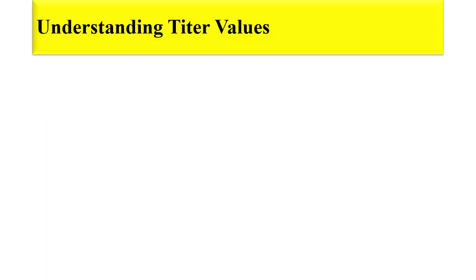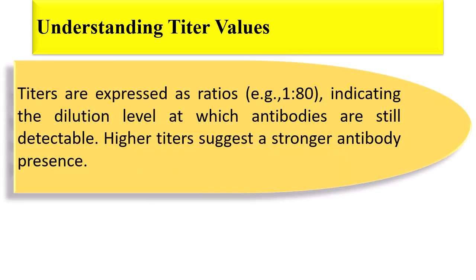Understanding titer values. The titers are expressed as a ratio like 1:80, indicating the dilution level at which antibodies are still detectable. Higher titers suggest a stronger antibody presence.